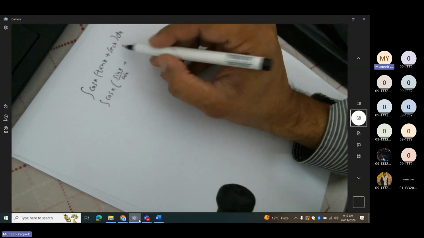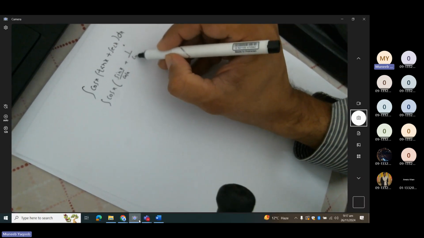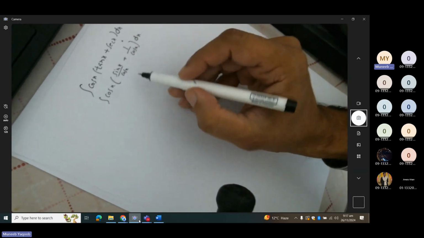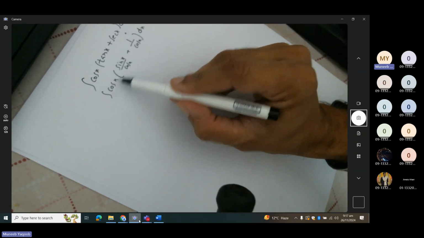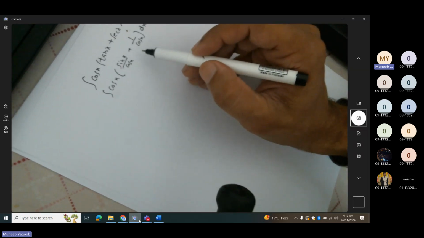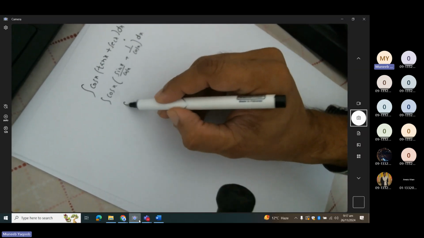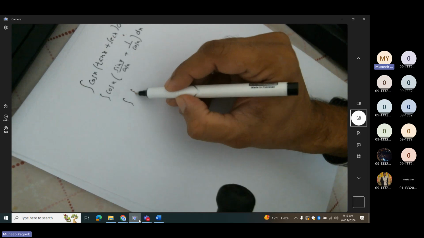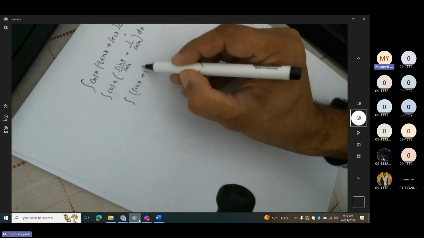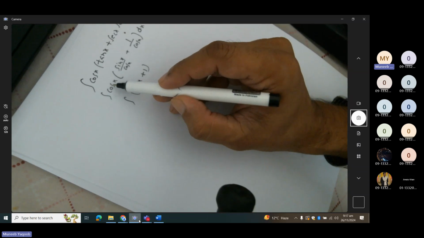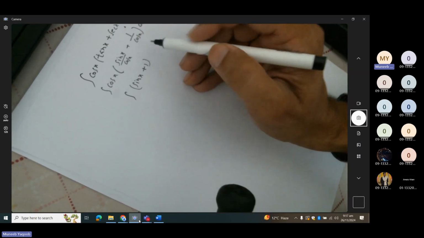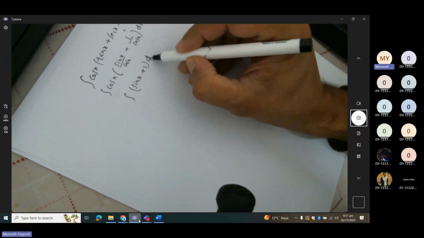Similarly, secant x can be written as 1 upon cos x dx. Okay. Now, when we multiply this cos x with the terms inside the bracket, what will happen? It will become integral of sin x plus 1, because this cos x will eliminate these two cos x in the denominator.